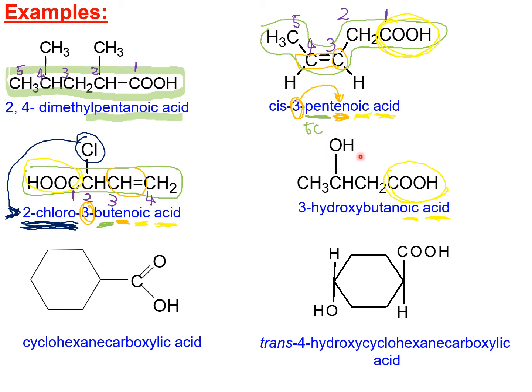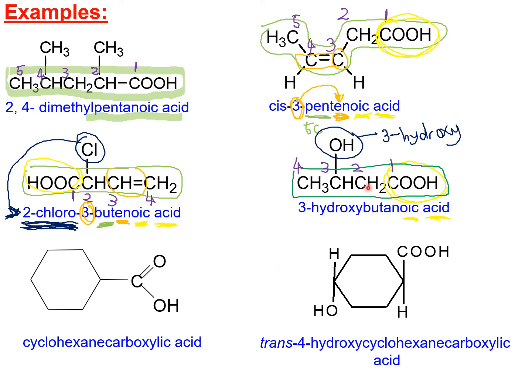Okay, this is functional group untuk alkohol. Bila dia jadi substituents, dia akan jadi hydroxy. Okay. And this will be the longest carbon chain yang ada COOH. So this will be carbon number 1, carbon number 2, 3, 4. So kita tahu kita ada substituents dekat carbon number 3 yang nama dia ialah 3-hydroxy.